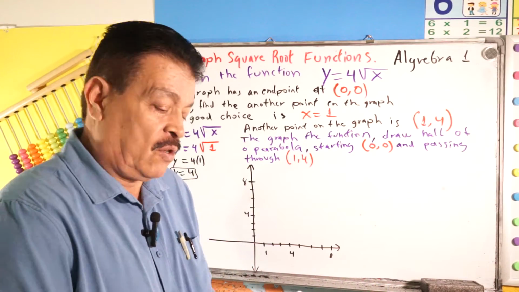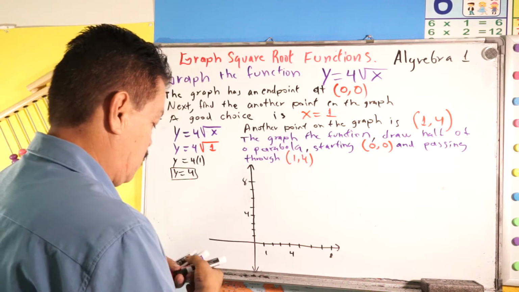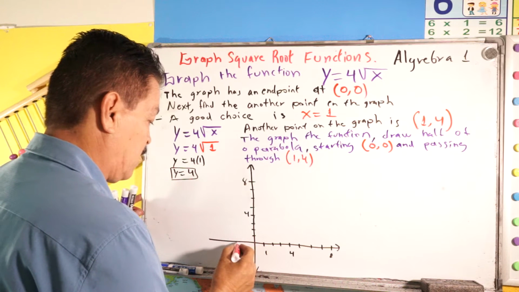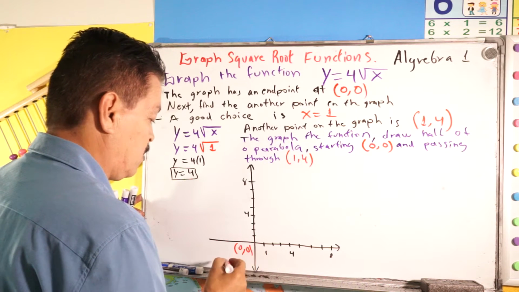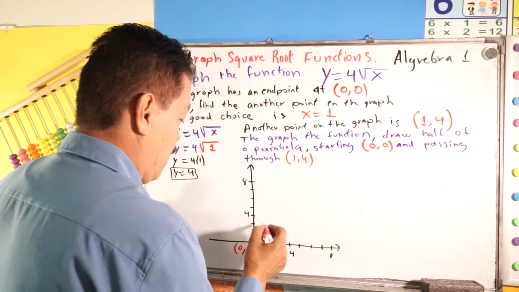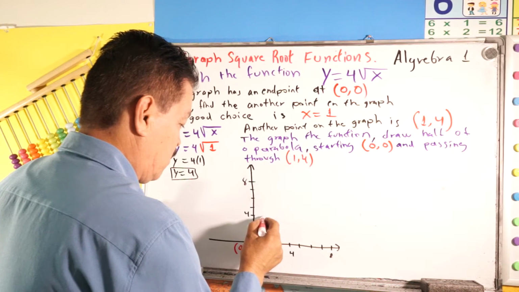So now I will mark the graph. One point is (0, 0) right here. The other point is (1, 4).